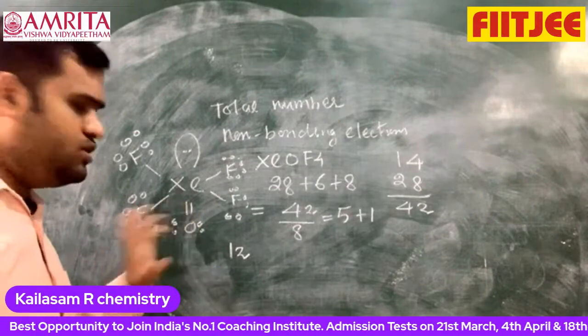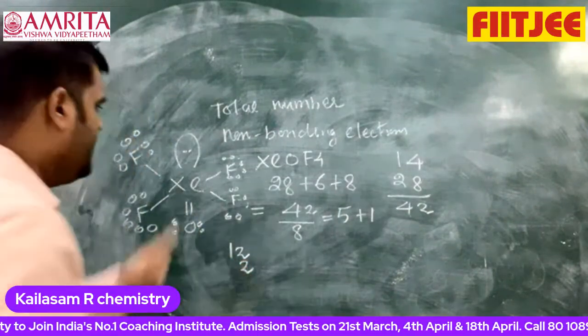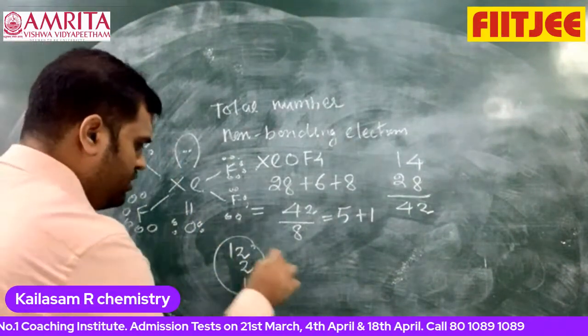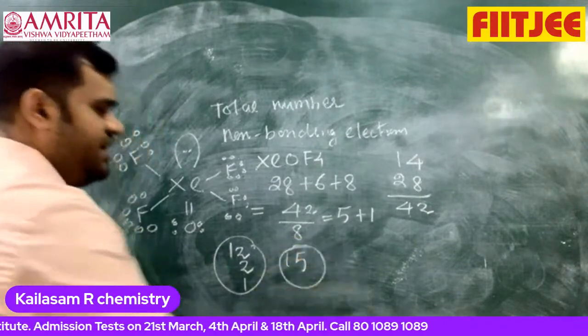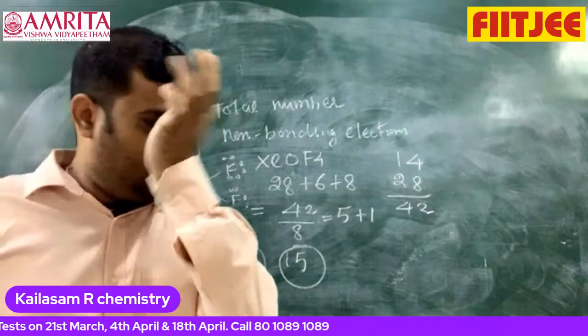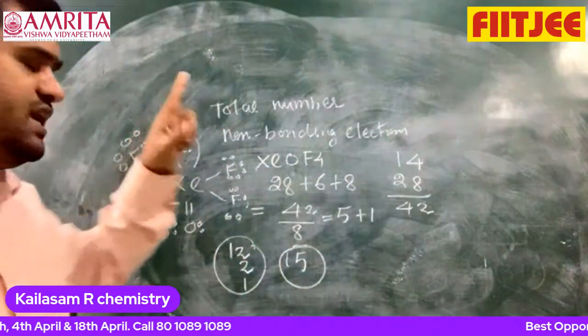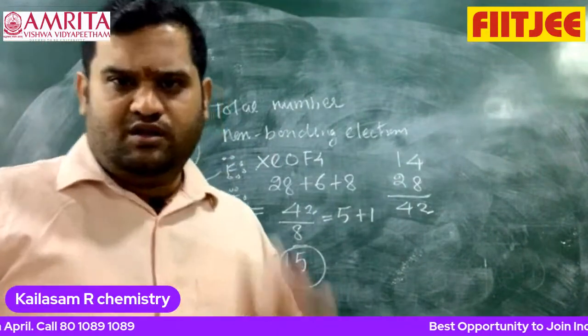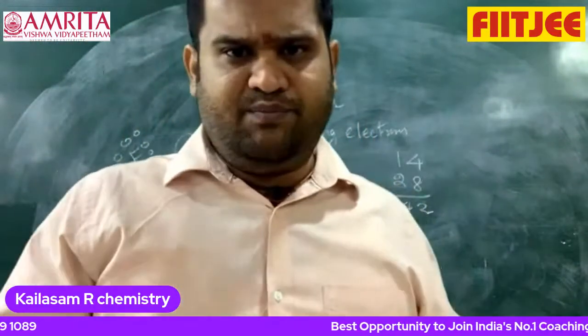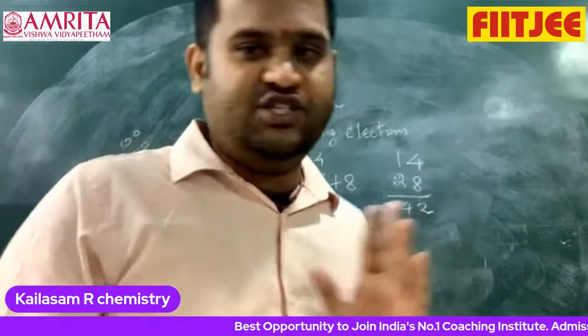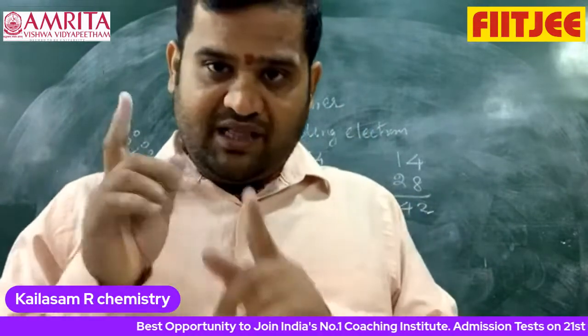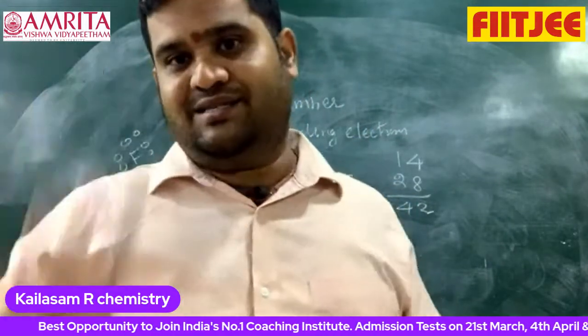Oxygen has 2, and xenon has 1. Total is 15 non-bonding electron pairs present in one molecule of XeOF4. That's all. These type of questions you may expect from JEE Mains. So thank you. The remaining thing will be discussed in the chemical bonding class. Thank you, children.